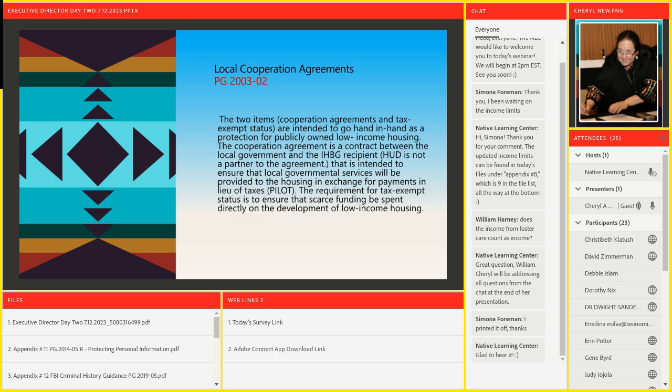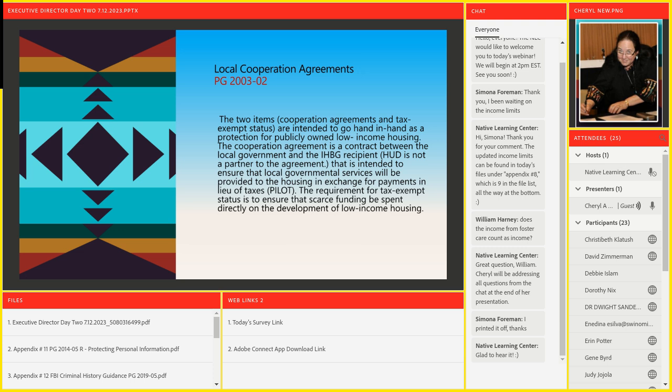The two items, cooperation agreements and tax-exempt status, are intended to go hand in hand as a protection for publicly owned or low-income housing. The cooperation agreement is a contract between the local government and the IHBG recipient. HUD is not a partner to that agreement. It is intended to ensure that local governmental services will be provided to the housing in exchange for payments in lieu of taxes. It's called a PILOT.